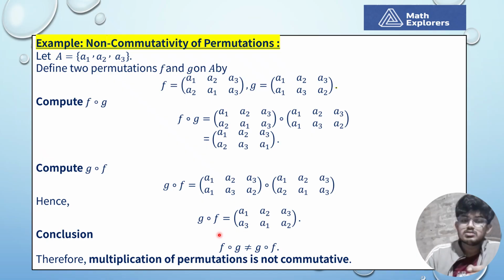So they are not same, so multiplication of permutations is not commutative. Clear? Any doubt?